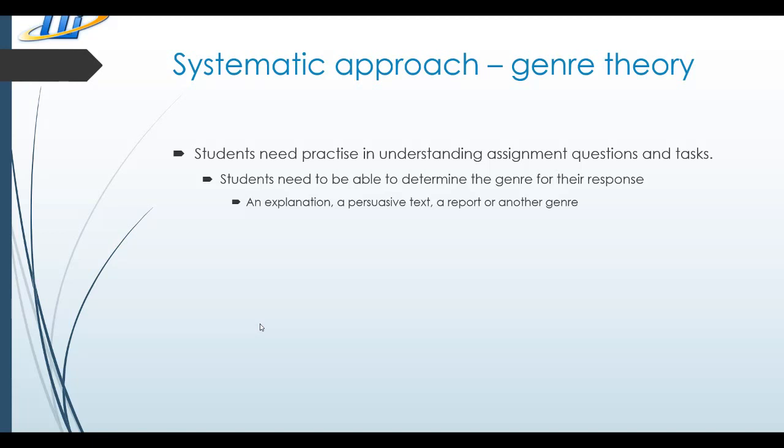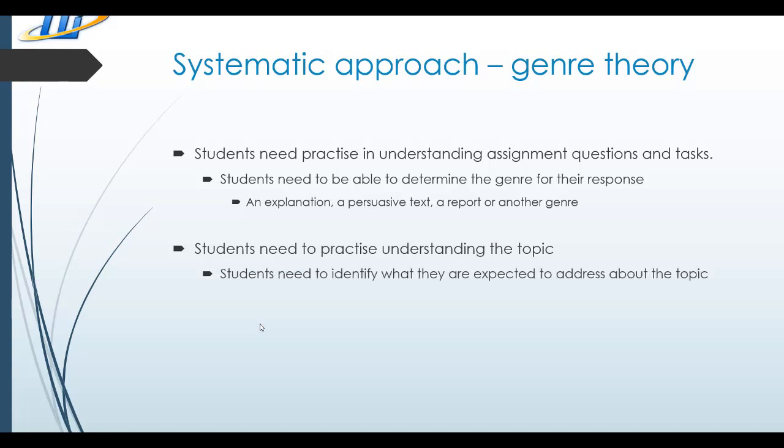This instruction is found in the command word used, for example, discuss, compare, and analyze. The topic or focus is another part of the assignment task that is vital to understand correctly. Students need to practice identifying the topic and what they are expected to address about the topic.